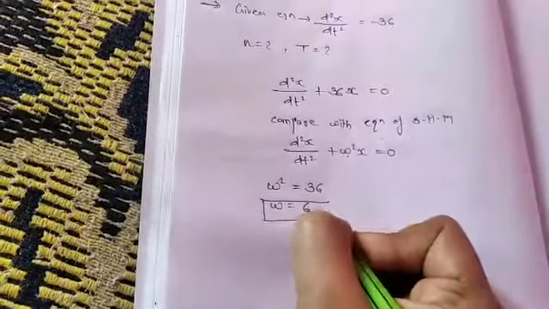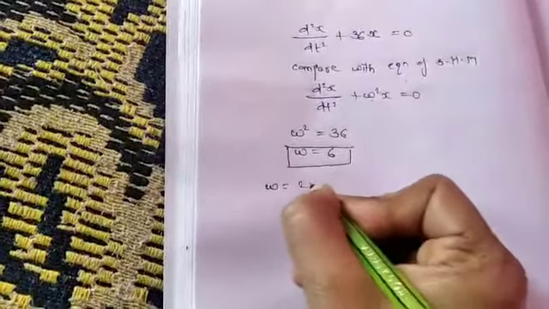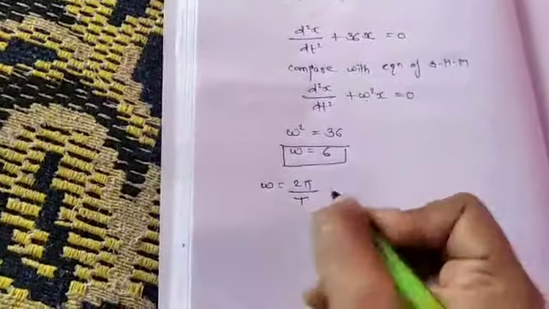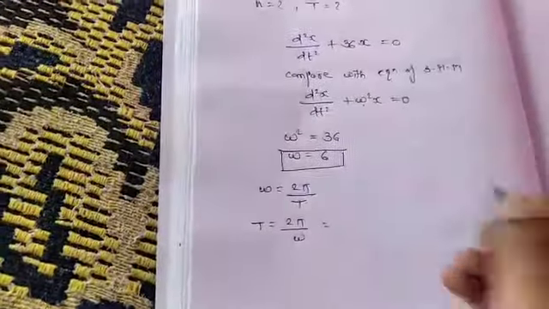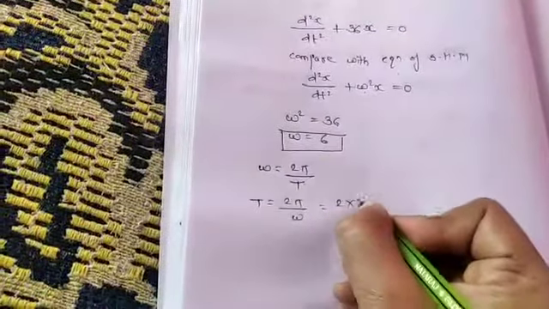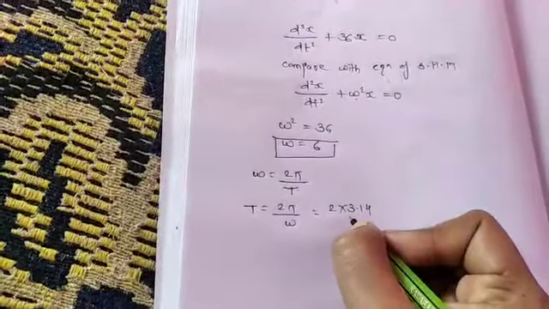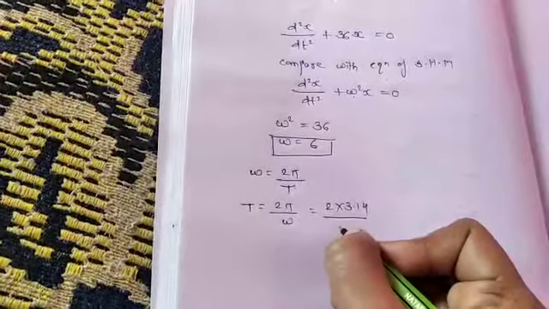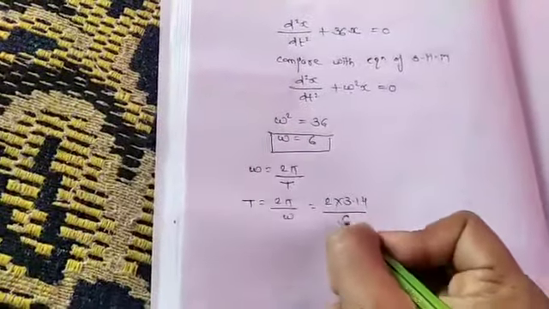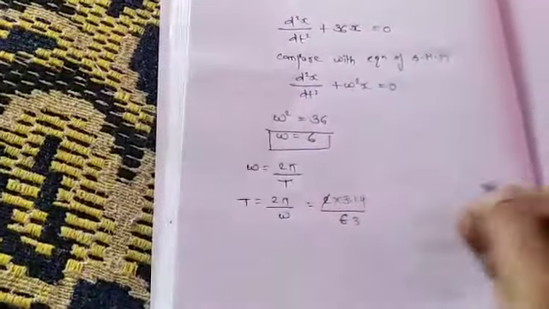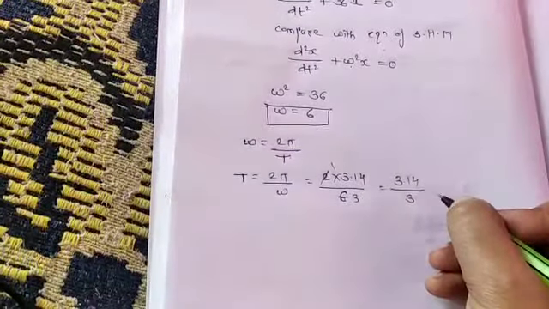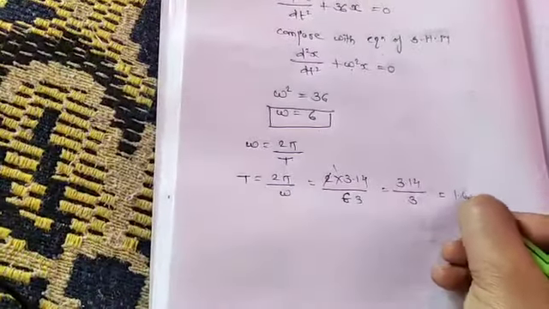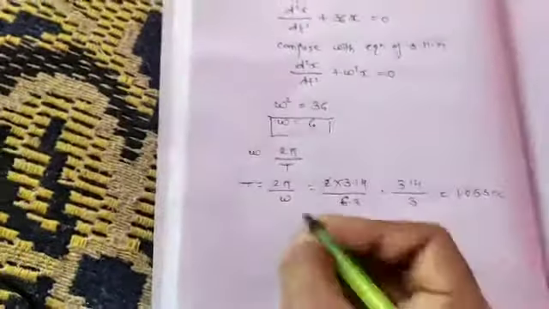This is one value we have. And as we know, omega is equal to 2 pi upon T. So we can find T here. T is equal to 2 pi upon omega, that is 2 into 3.14 divided by 6. So 3.14 divided by 3 is 1.05 second. So this is the period.